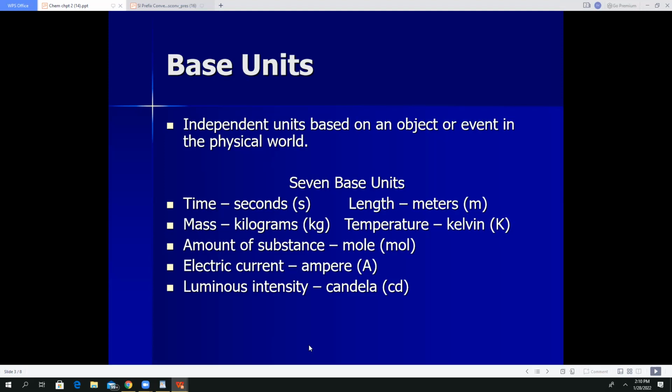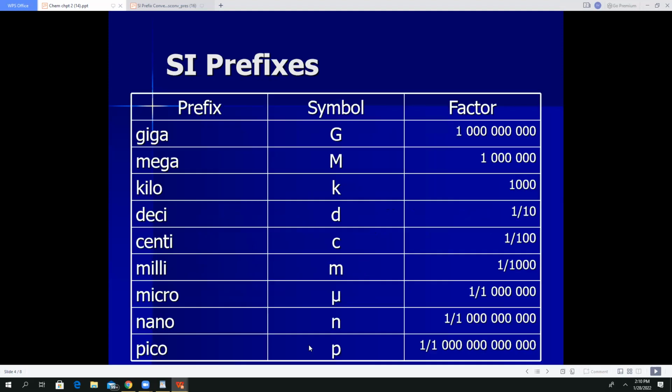We will look how to convert between all of those. Here's some prefixes and their values. Now, if you put a prefix in front of any of those base units, it takes on the same value. So if it's a gigameter, then it's 10 to the 9th meters.